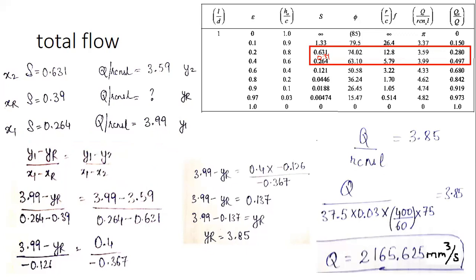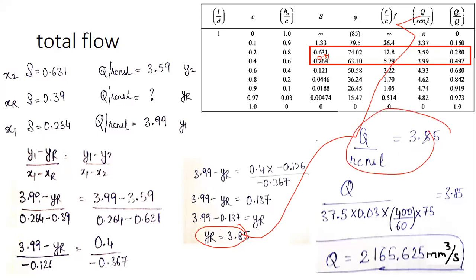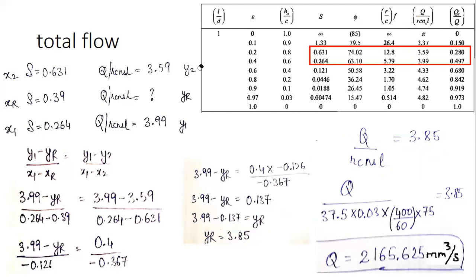But before that, this is not directly Q. This is Q upon RC NSL, as you can see here. So if Q upon RC NSL is 3.85, then the rest values I do have in the given data.